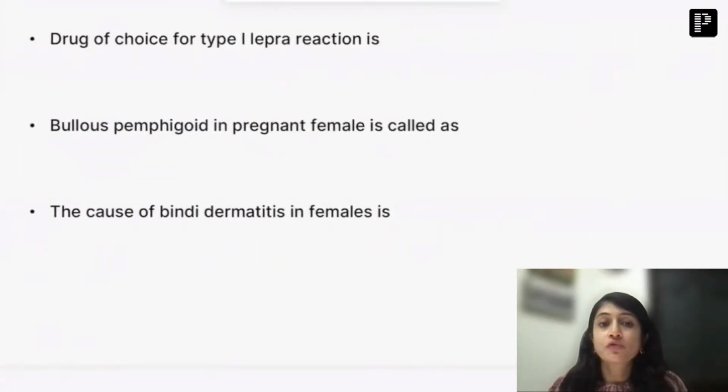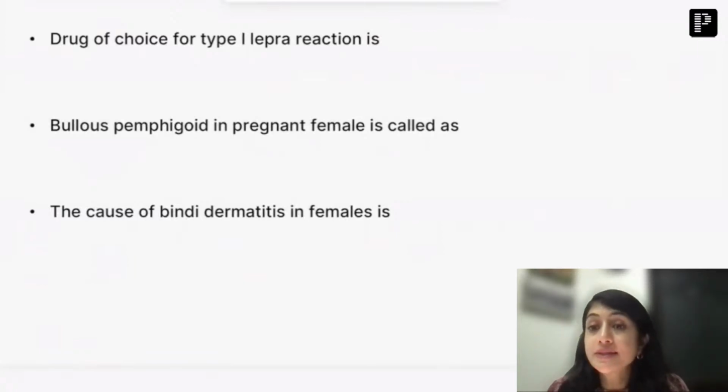Drug of choice for type 1 lepra reaction. Quite easy question, I think. What is the drug of choice for type 1 lepra reaction? So till then, I'll quickly revise type 1 lepra reaction with you. Type 1 lepra reaction is a type of type 4 hypersensitivity reaction. You see it in upper spectrum.